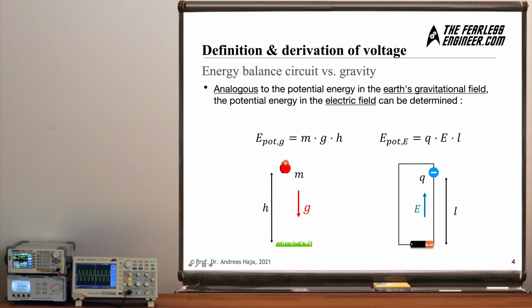The energy of this apple at this height is the product of the mass of the apple, the gravitational pull of the Earth, and its height. So the higher we hang the apple, the higher will be its potential energy. The heavier we make the apple, the higher will be its potential energy.